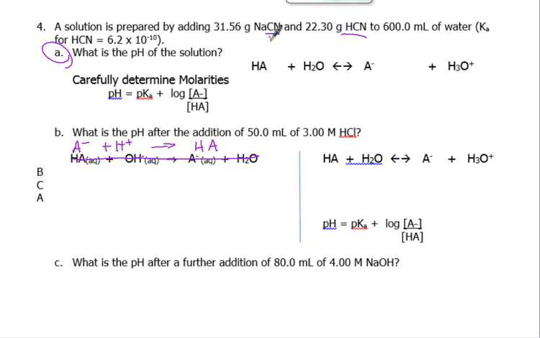I'm going to pause because you don't want to watch me do all that. So I converted those masses into moles and then divided by the volume, and then I could plug these 2 values and the Ka in and calculate the pH of the solution. Typing things in my calculator incorrectly will not help.